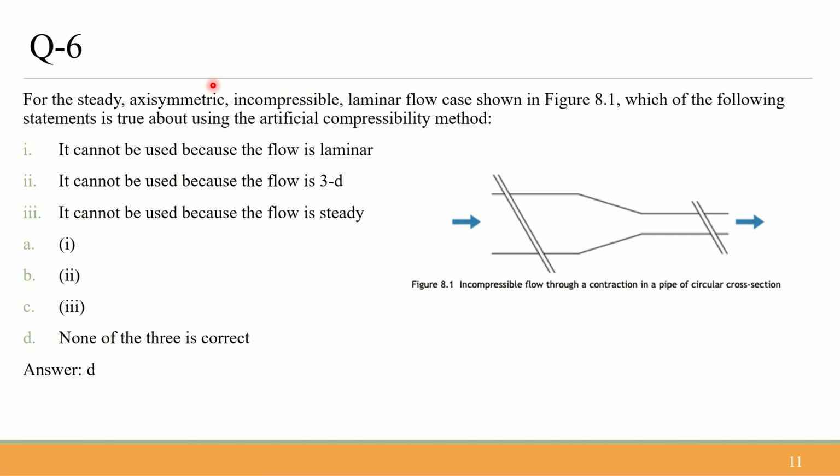Yes, that's it. Now, the artificial compressibility method can be used for three-dimensional problems. So the second statement itself is false. It cannot be used because the flow is 3D is false, because the artificial compressibility method can be used for three-dimensional problems.